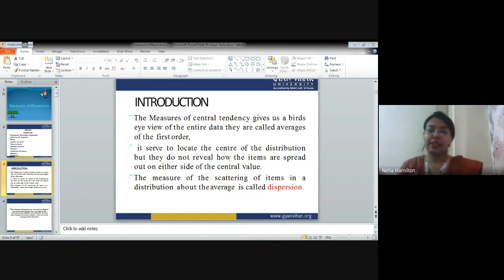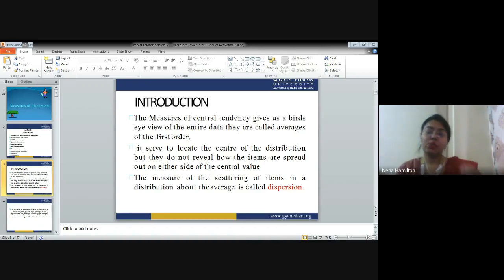What is central tendency? See, central tendency gives a bird's eye view of the entire data, that are called averages of first order. Averages of first order help you to calculate what is the central line or the central part of your data where mean, mode, and median are there.